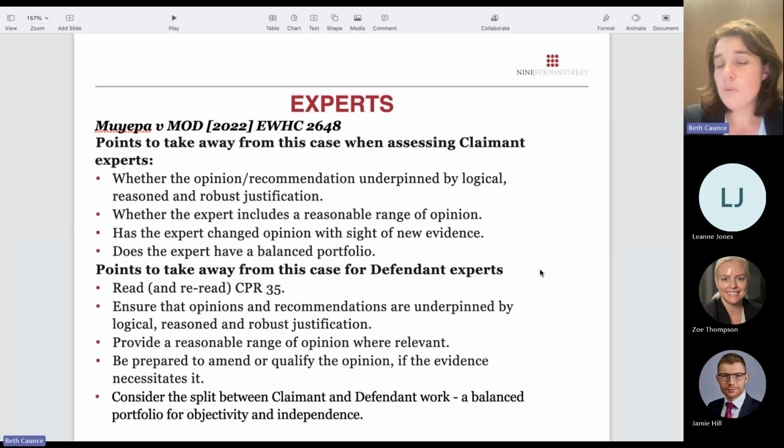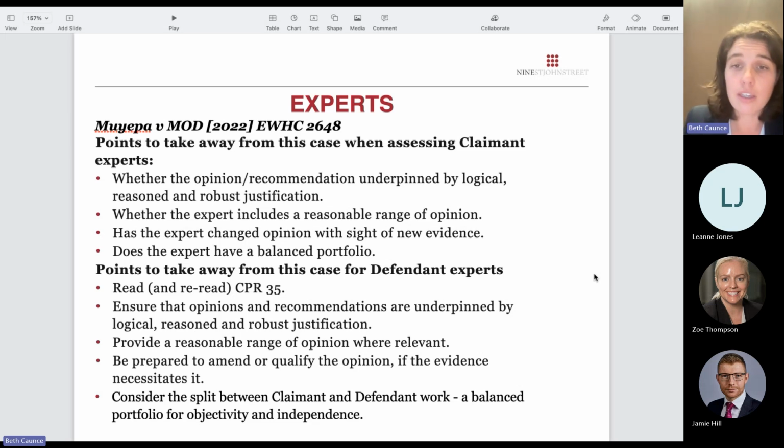So, some takeaway practical points from this case. Firstly, in terms of assessing claimant expert reports, we should be considering whether the opinions and recommendations in those reports are supported by and underpinned by logical and reasoned justifications and evidence, whether, where relevant, the expert has included or considered a reasonable range of opinion, and whether an expert is open to changing or qualifying their opinion when new evidence comes to light.